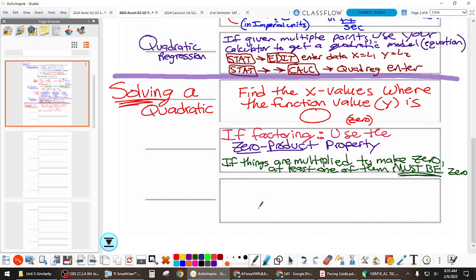Can I multiply non-zero terms to get 0? Is there any way to do that? No. The only way to multiply things and get 0 is if something is 0.